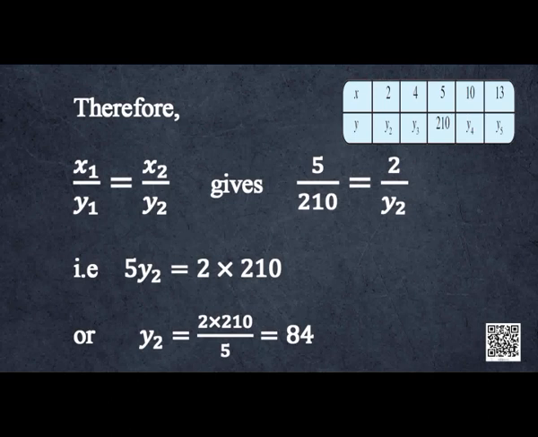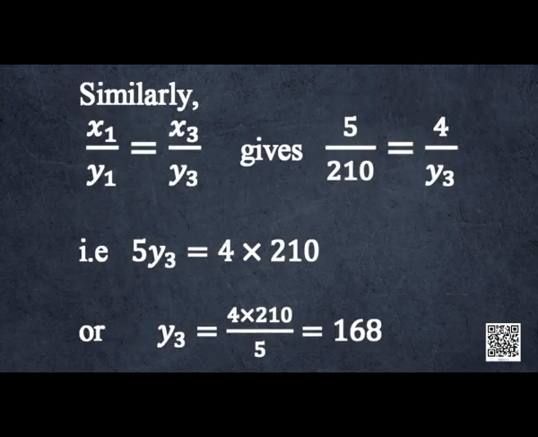That is, 5 y2 is equal to 2 into 210, or y2 is equal to 2 into 210 divided by 5, which is equal to 84.